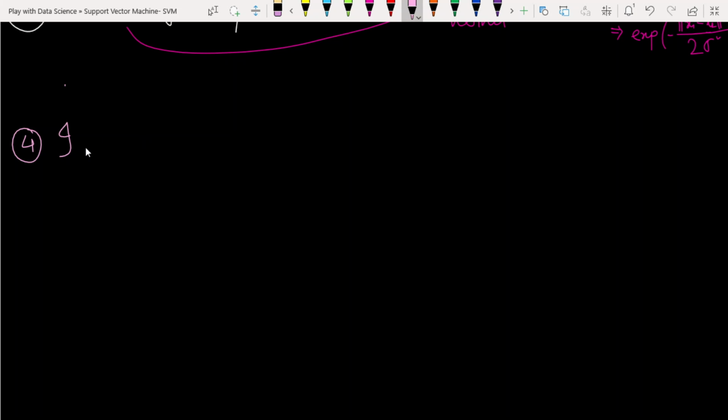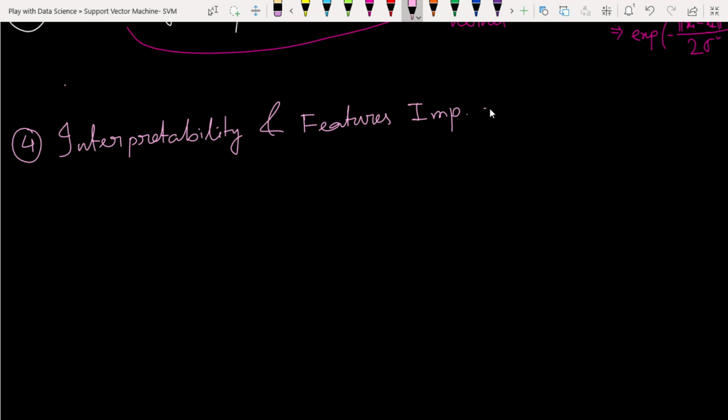But in SVM, mainly in kernel SVM, it is not possible to detect feature importance.